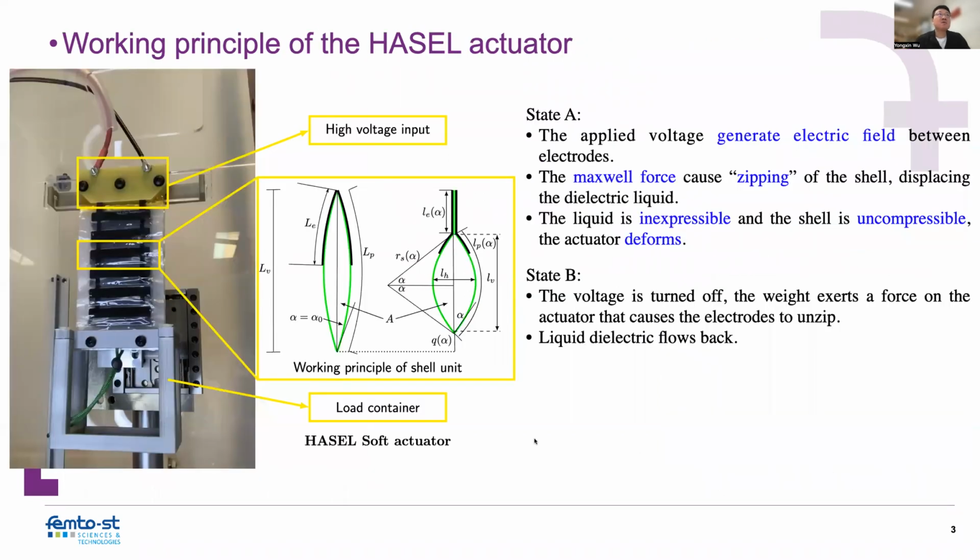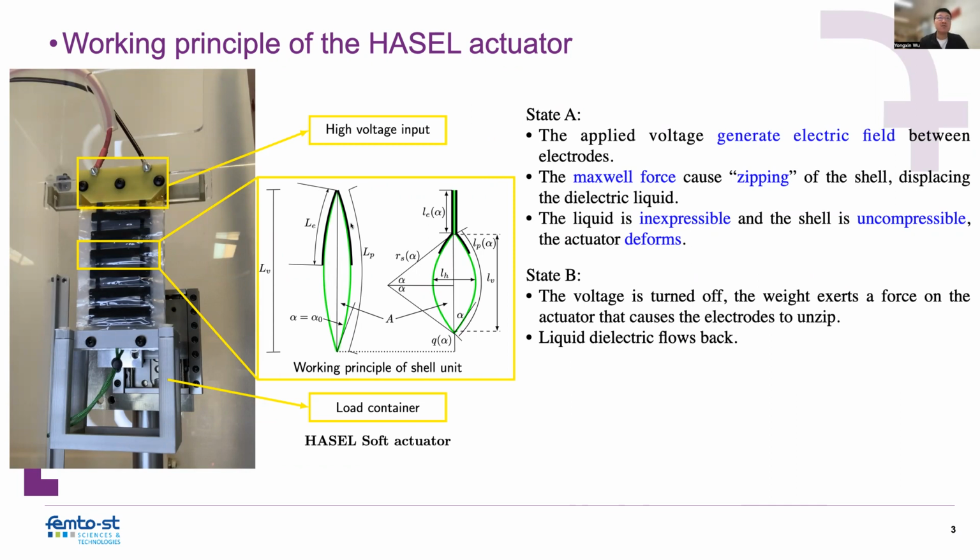So the working principle of the HASEL actuator is the following. This actuator is built by a flexible polymer pouch with the dielectric liquid inside, and this pouch is half covered by electrode.